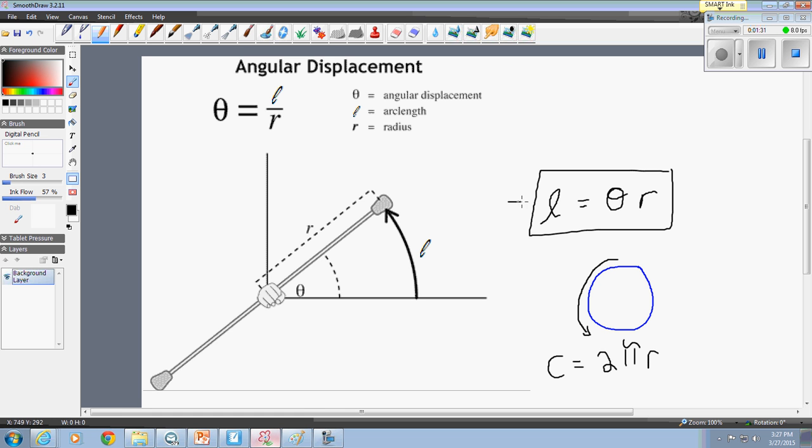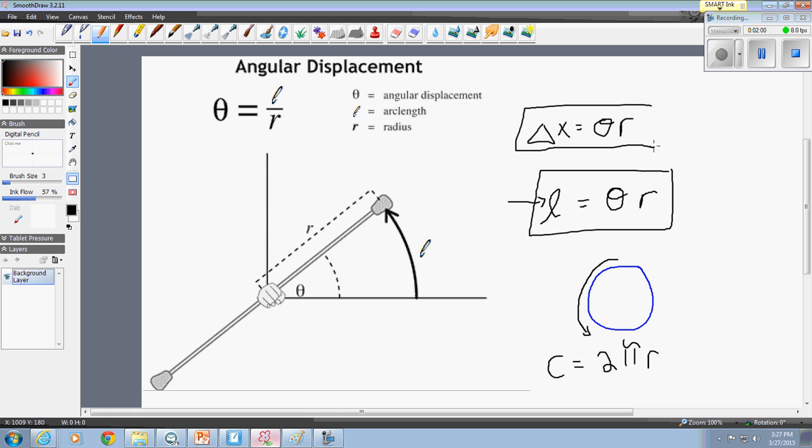Now, if we're going to decide that this is going to go in a linear fashion instead of using the arc length, we can also similarly say, if we cut this wheel and spread it out in a linear fashion, our displacement would be equal to our angular displacement times radius.